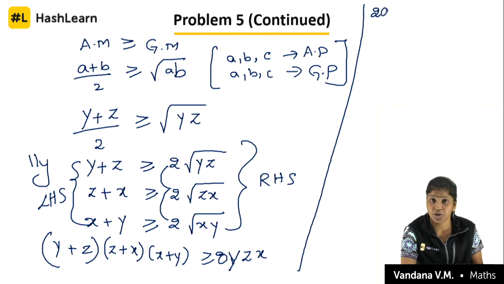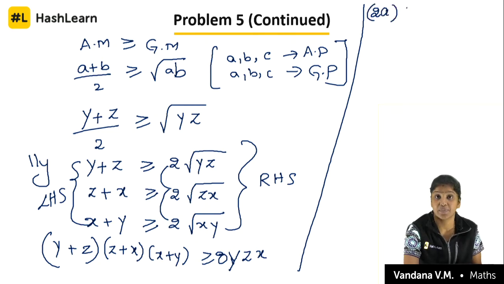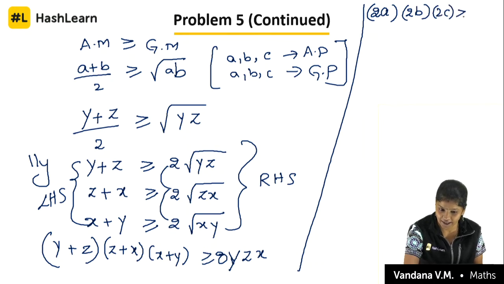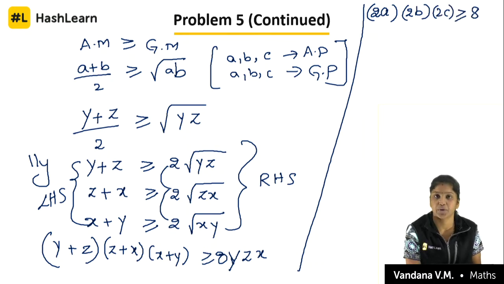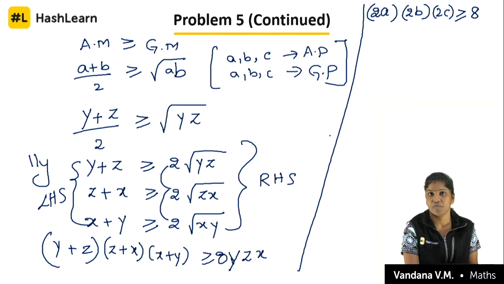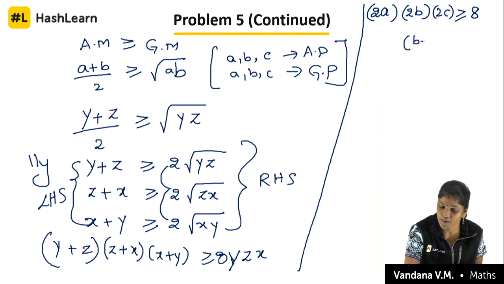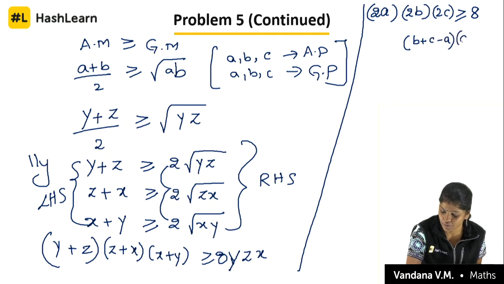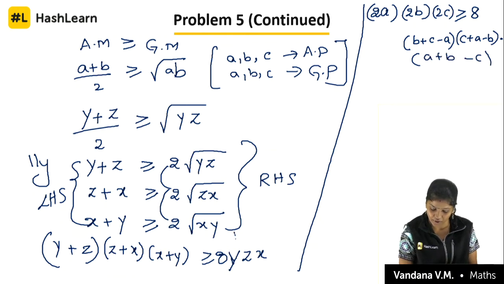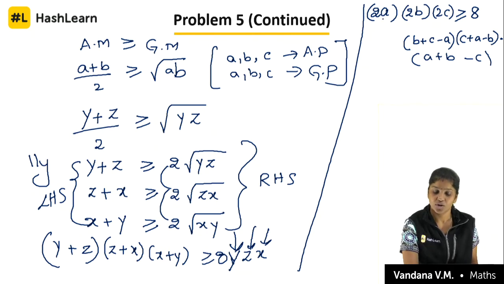Now replace the values. What is y plus z? I got it as 2a. What is z plus x? It is 2b. Next, 2c is greater than or equal to 8 into, I know the values of y, x and z. What is our x value? b plus c minus a into c plus a minus b into a plus b minus c. I wrote the values of y, z and x, whatever we know. So 2 into 2 into 2 is 8.